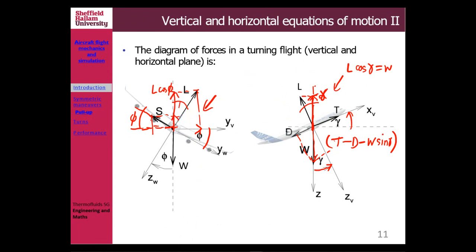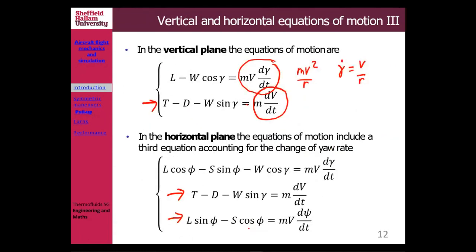So this is L sine phi minus S cos phi. Then if you look at that equation, it equals mv d psi dt. Okay, so that is our equation set.